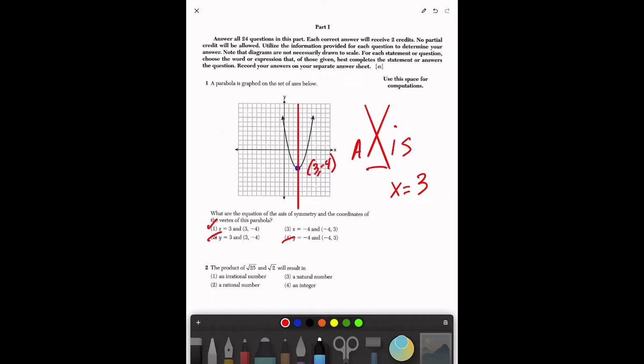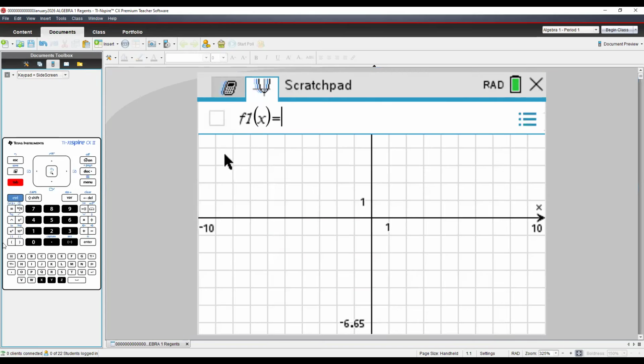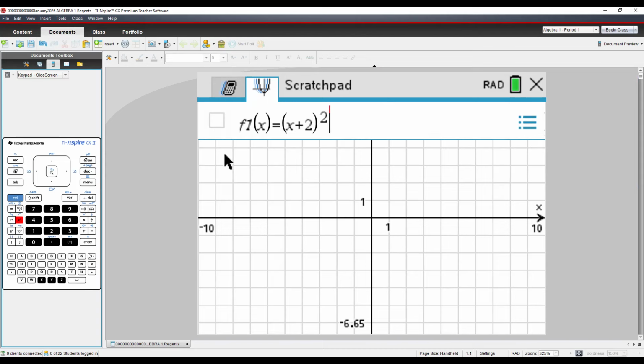Now let's say for some reason you had a brain fart, you forgot. Here's another way that I would recommend, just being test smart. Hopefully you know what a quadratic is, but I'm just going to make one up. I'm going to do x plus 2 squared, plus 1, right?